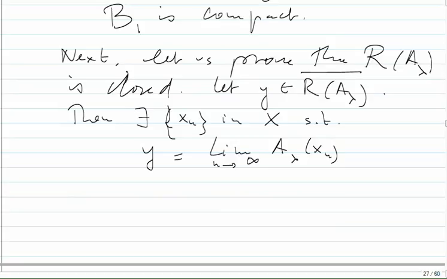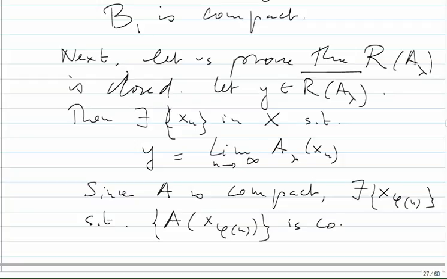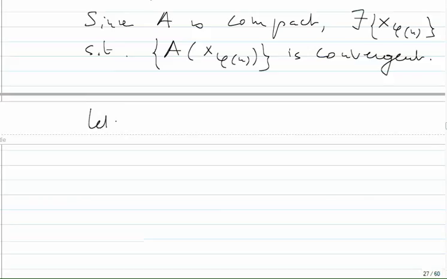So since A is compact, there exists a subsequence such that A of this subsequence is convergent. Okay. Let z equal the limit of A of x_phi(n) when n goes to infinity.